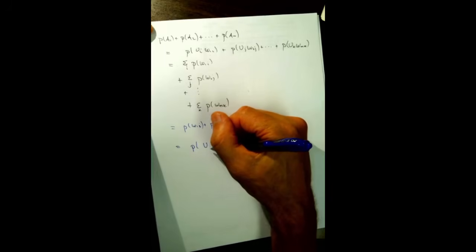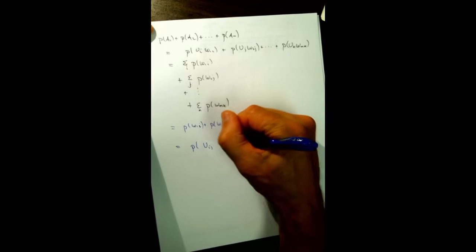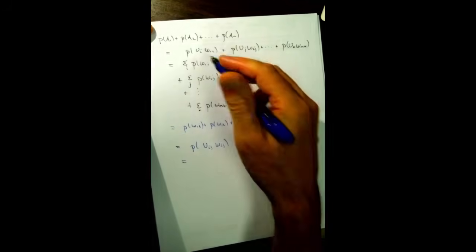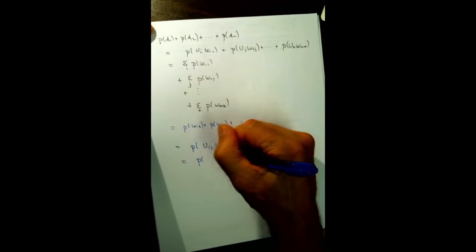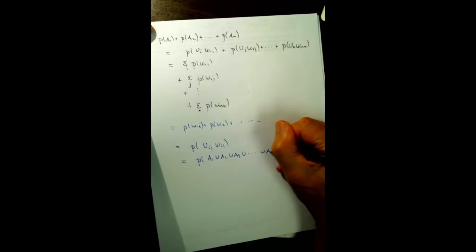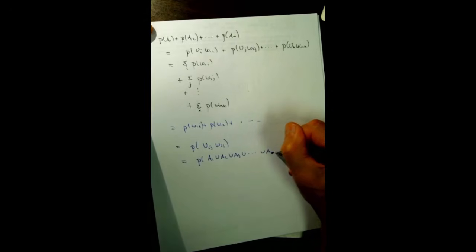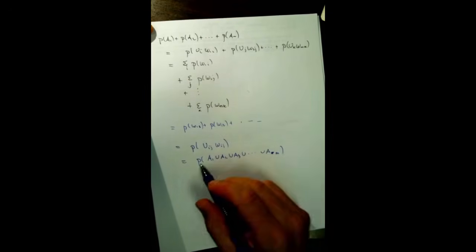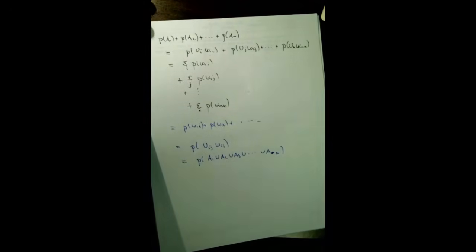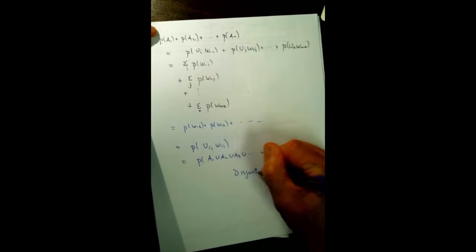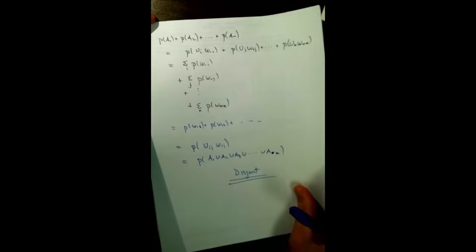And now this becomes this union over i, j of Wij. Then from the definition of these, this is just going to be the probability of the union of A1, A2, A3 to M. Okay, so we have that the probability of this is equal to the sum of the probabilities of the individual A's. And again, this all comes from assuming things are disjoint.